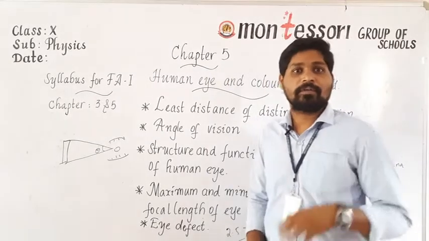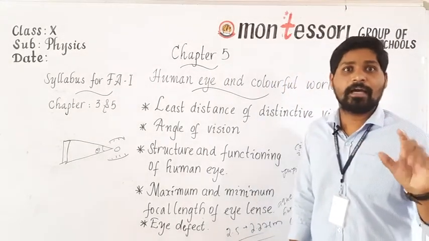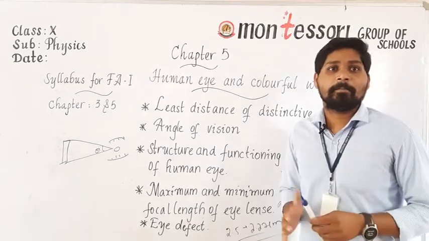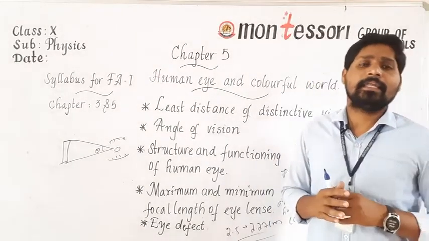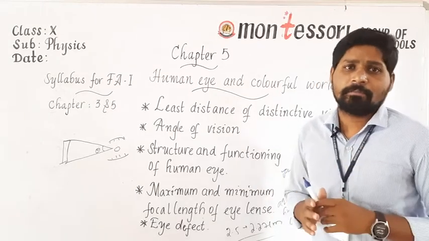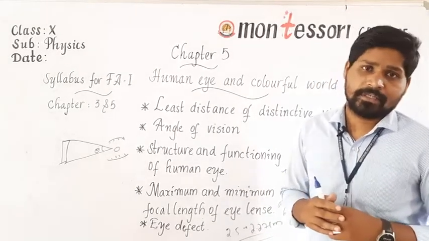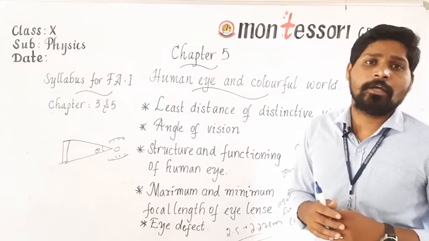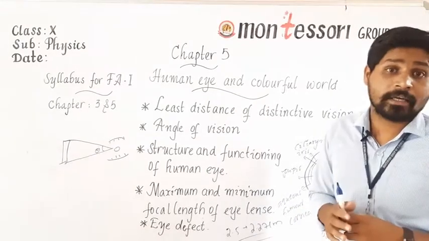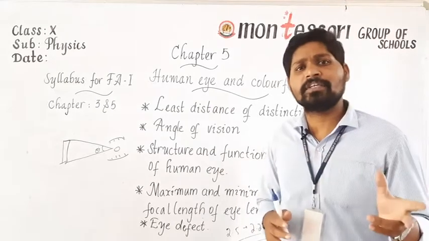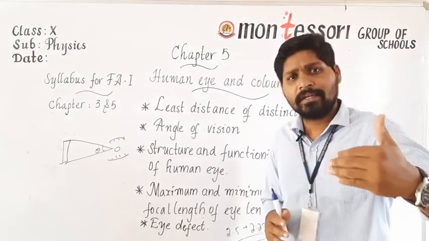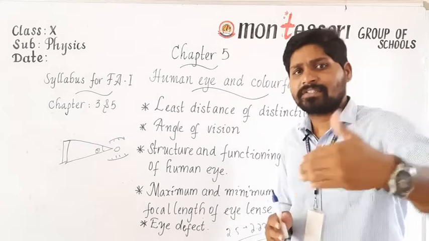What is myopia? Some people can see near objects, but they cannot see far objects. Such an eye defect we call myopia, or nearsightedness, or short-sightedness. All three are the same.